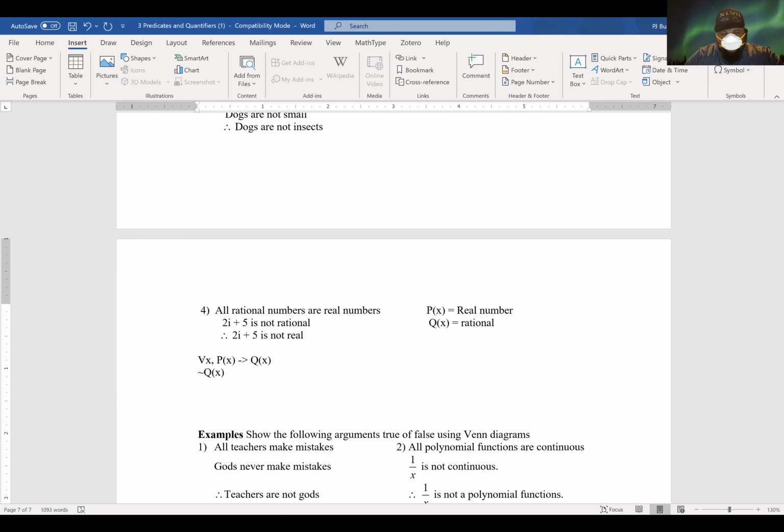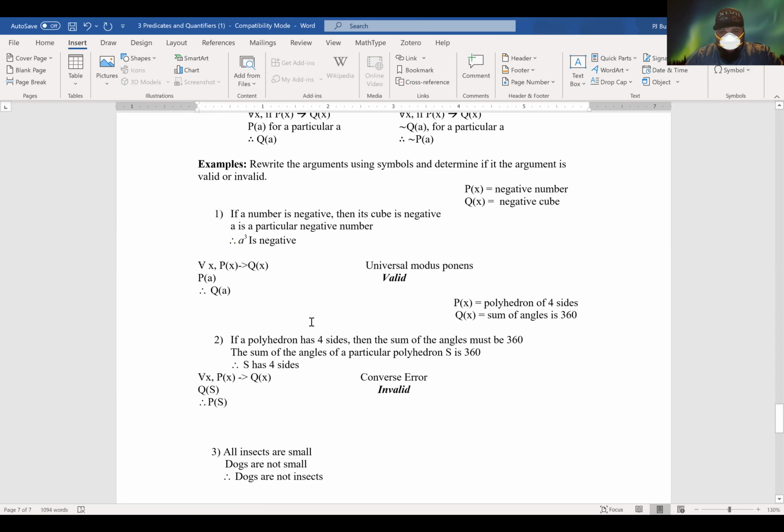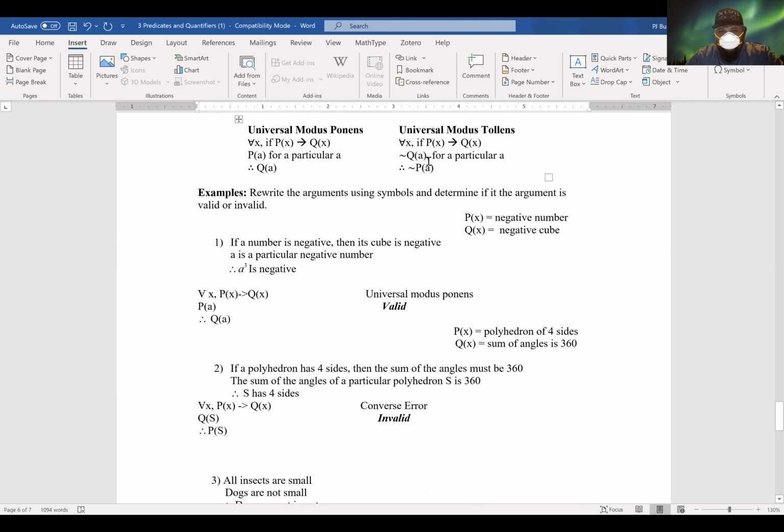Then the last part says, therefore, 2i plus 5 is not real. Okay, is not real is not P. That is exactly the format for modus tollens.